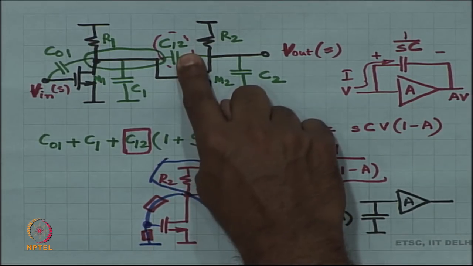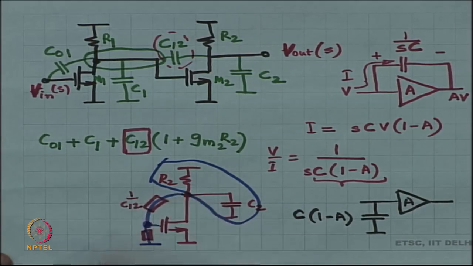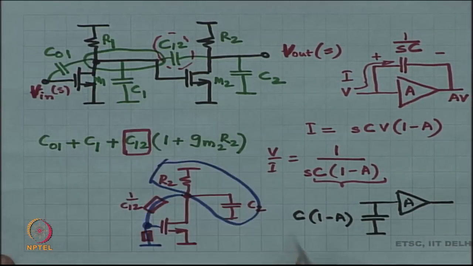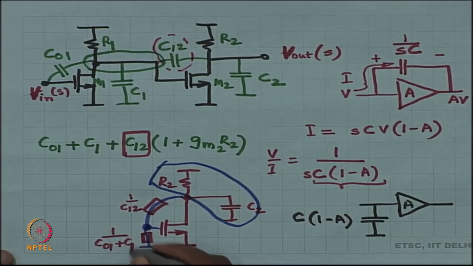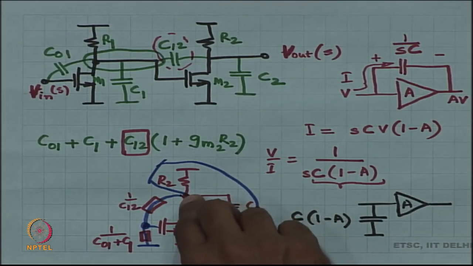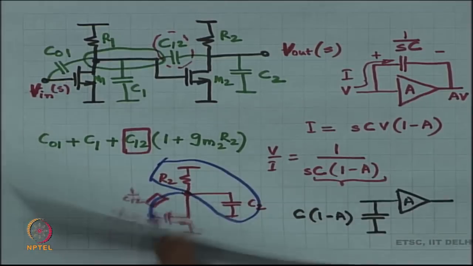One is C12 and the other is C01 plus C1. If I apply a voltage V over here, then I will get a voltage with voltage division. This is just like a potentiometer.